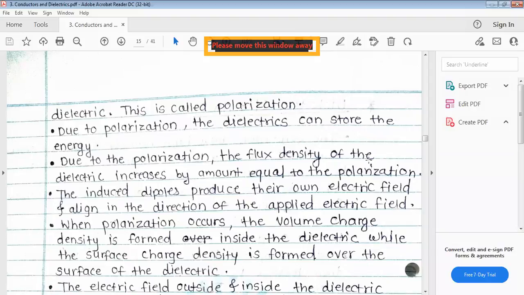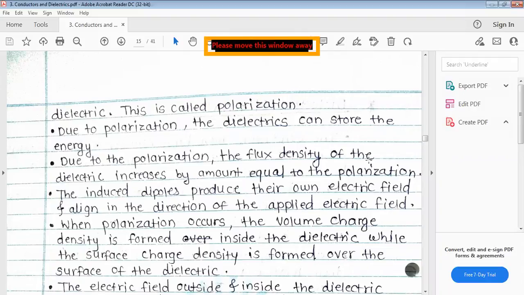How is the flux density increased? Flux density means the number of flux lines passing through the given cross-sectional area, right? That is nothing but the flux density. Polarization happens means there is movement of the charges, and when there is movement, flux gets produced there.